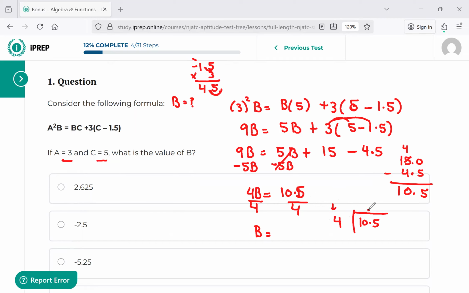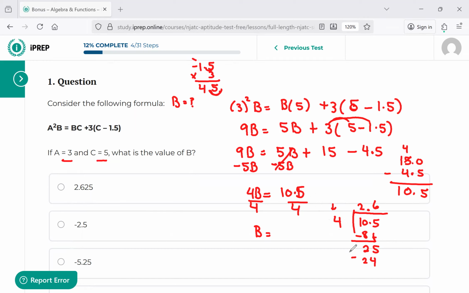Just line this decimal up. How many times does 4 go into 10? Twice, and you put the 2 right above the 10. 4 times 2 is 8. 10 minus 8 is 2, and then bring down the 5. How many times does 4 go into about 25? About 6. So 6 times 4 is 24.